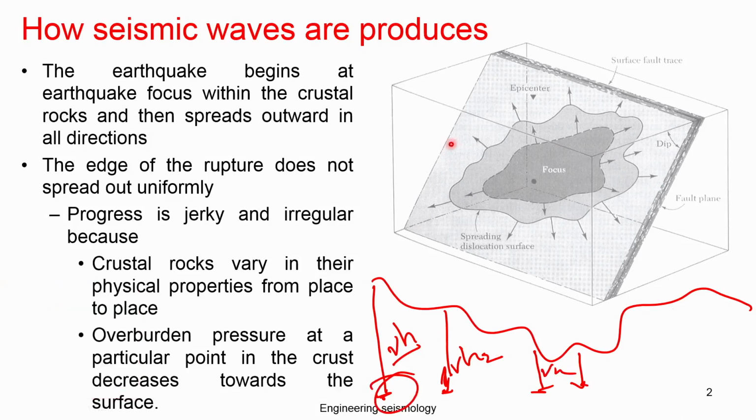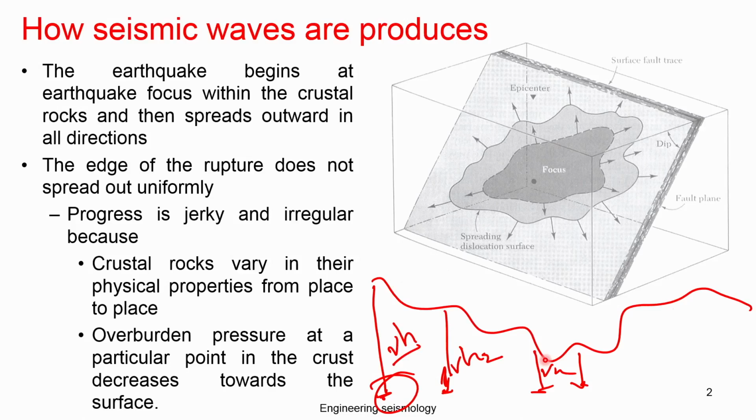If the overburden pressure is high, it will stop the rupture phenomenon; if it is low, it will allow propagation. So the rock properties and overburden pressure decide the rupture direction and the rupture area.